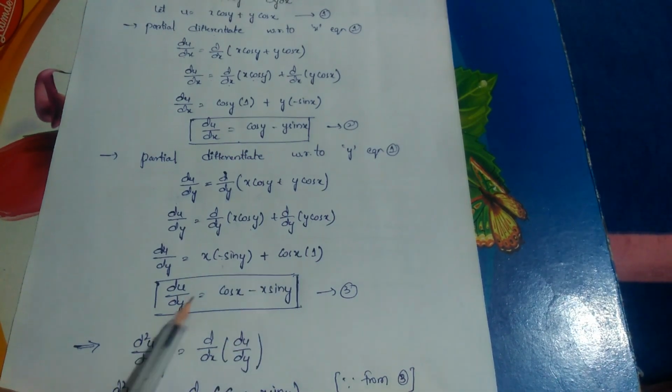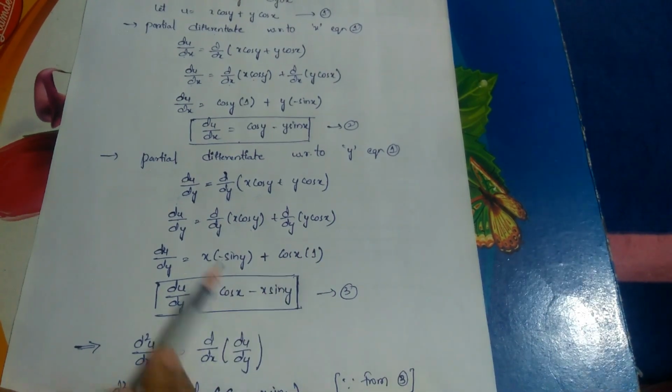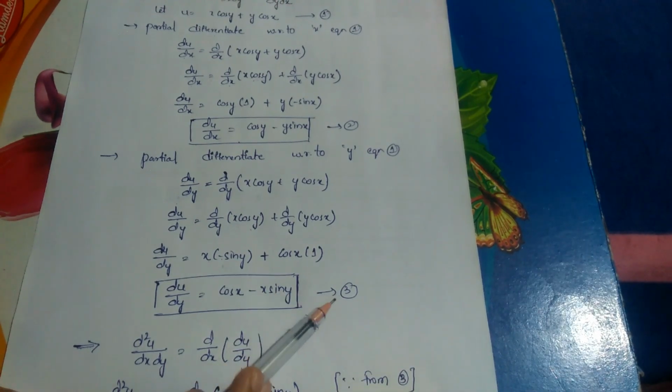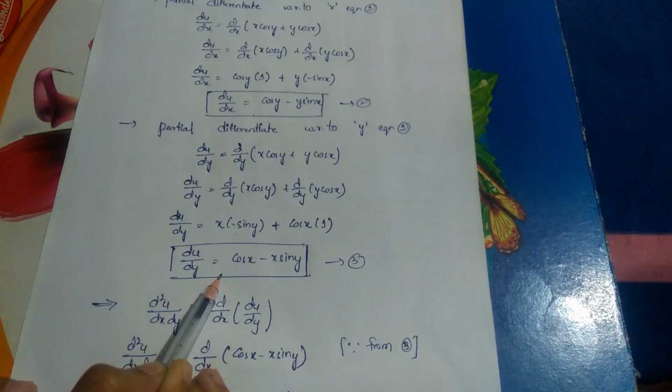So ∂u/∂y is equal to cos x minus x sin y. Let it be equation number 3, and this is the partial derivative of the function u with respect to y, that is ∂u/∂y.